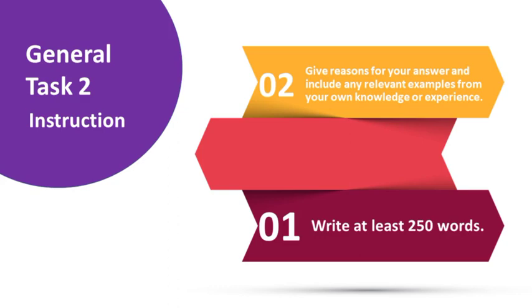Of course, you can write more than that number of words. If you're given 250, you are not expected to write less than 250. Of course, you can write more than 250 for task 2. For task 1, you can write more than 150, but you can't write less than 150.